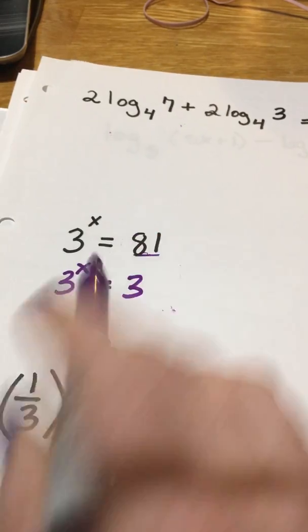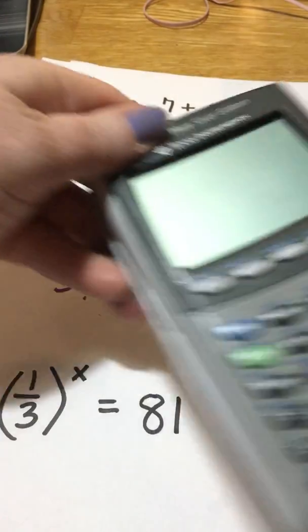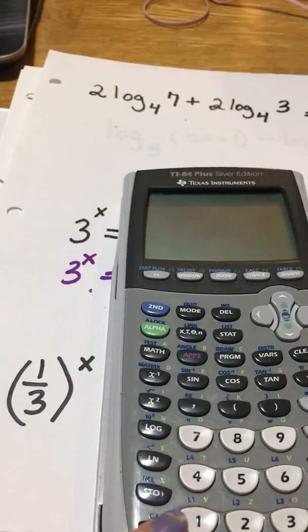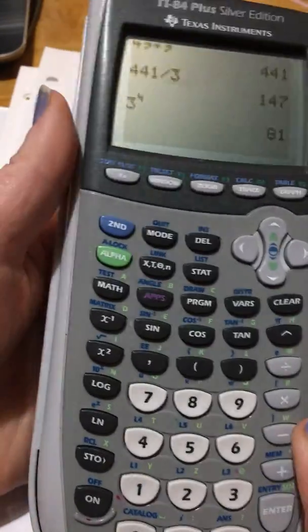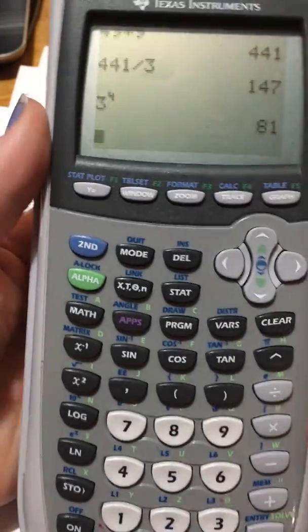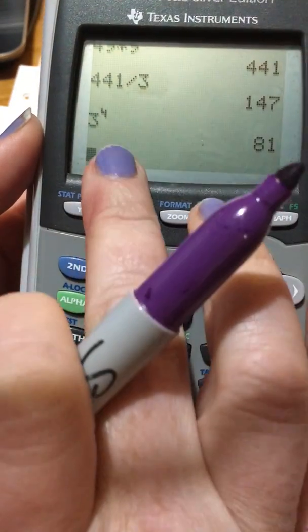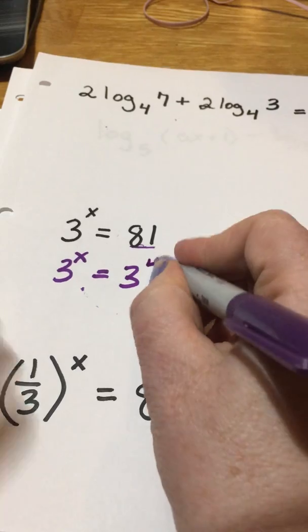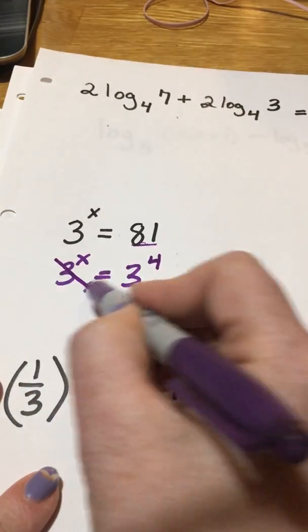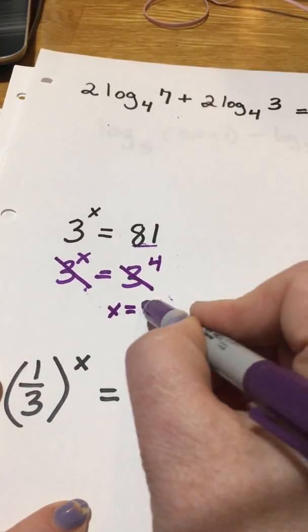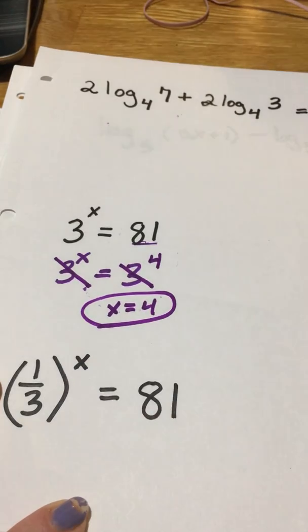I can take my calculator even, and I can say, what's 3 to the first, 3 to the second, 3 to the third, and if you notice, 3 to the fourth is 81. So once you have matching bases, you cancel the bases out, x equals 4.